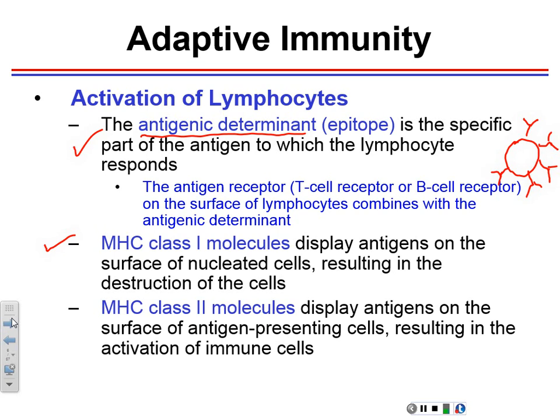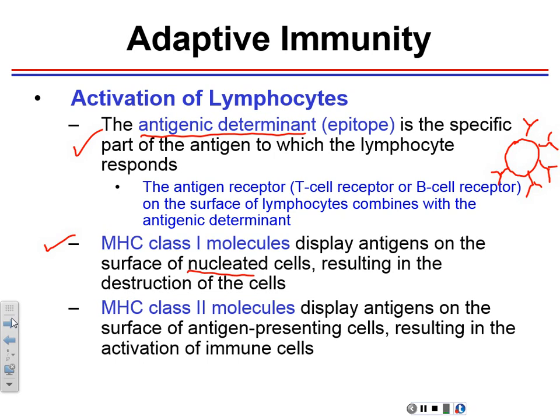Major histocompatibility complex proteins are what the body uses to exhibit antigens on the cell surface. So let's say a cell is infected. MHC1 will exhibit antigens of any nucleated cell, so it could be any cell. It's not a professional immune system cell.